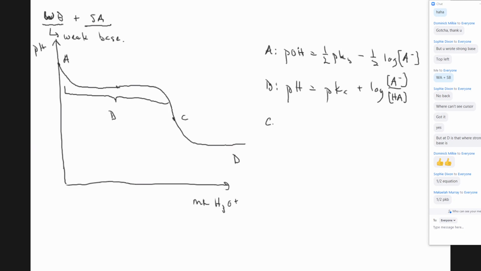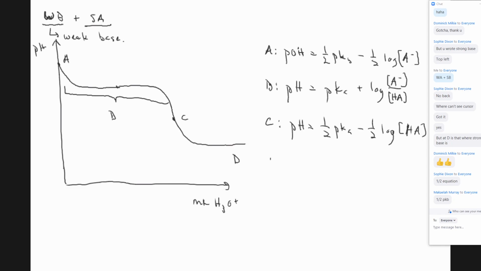At C, now every base that we had has an acid added to it. So we only have solely weak acid in solution, right? So we should be using the weak acid equation, 1/2 pKa minus 1/2 log of the new acid that we formed, HA, in our system, whatever the weak base was that we had to start with.